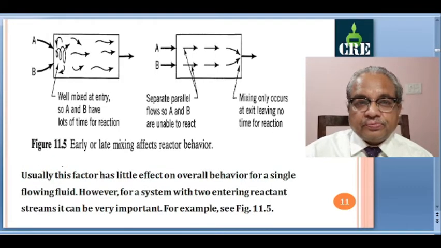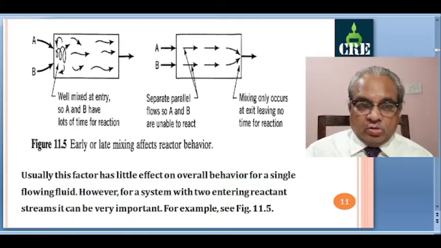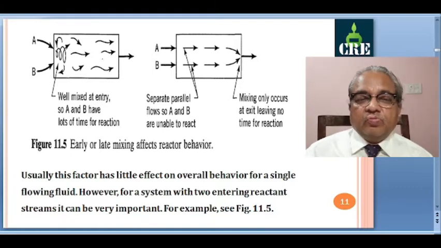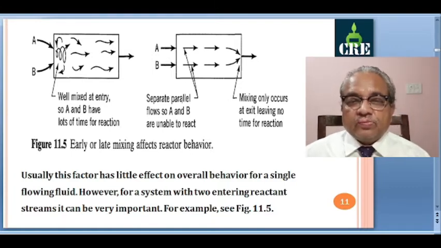Okay, then here we have two streams A and B, well mixed at entry so that A and B have lots of time for the reaction. So to react they should mix together thoroughly. So this mixing, if it is early, near the entrance, then we have sufficient time for the reaction to take place.